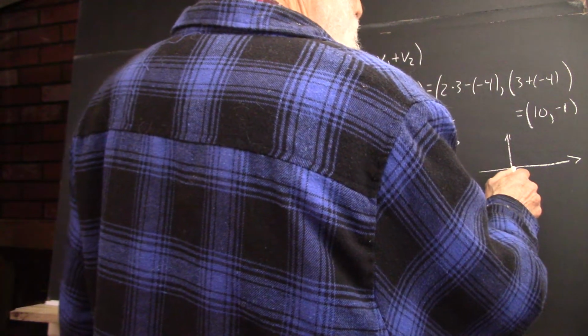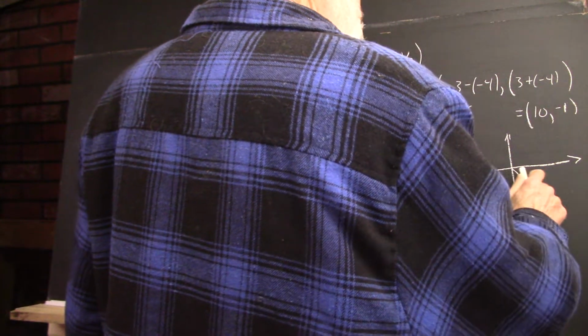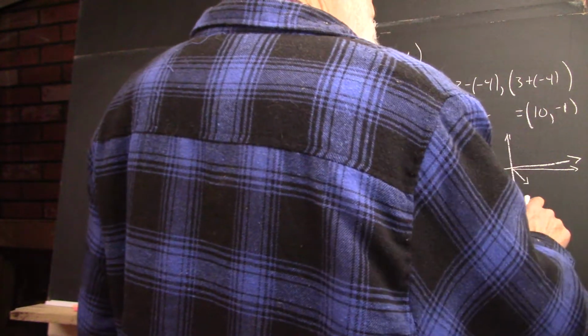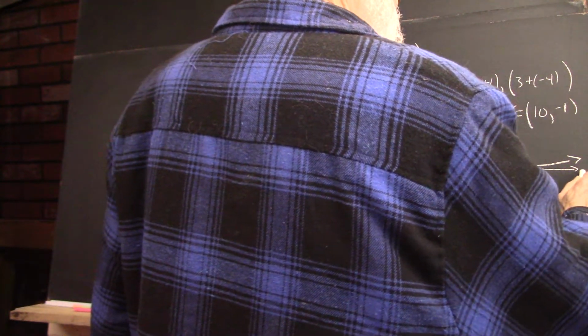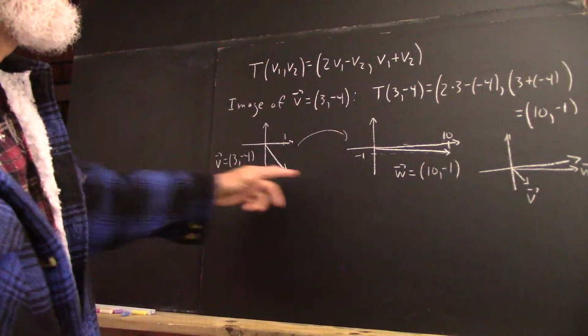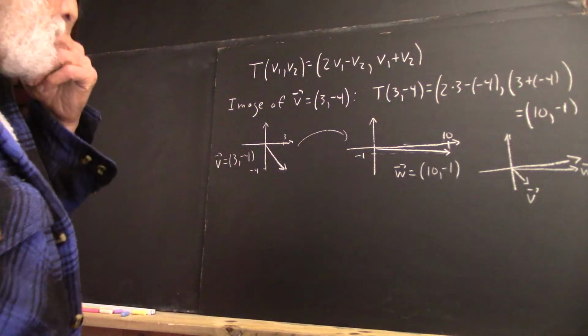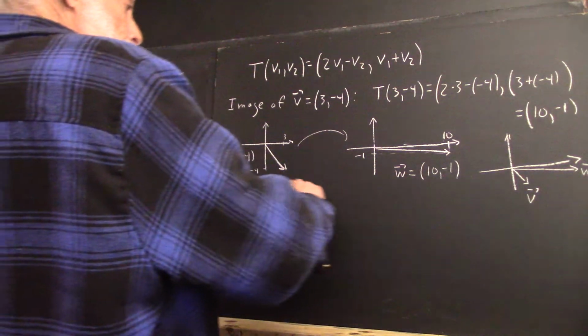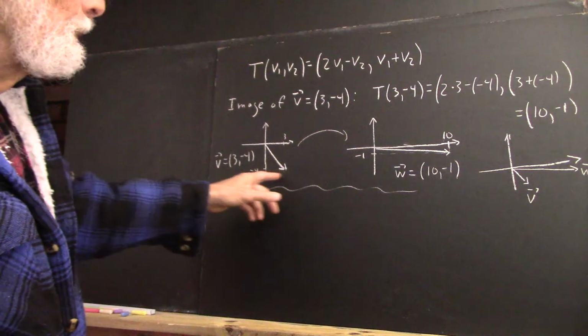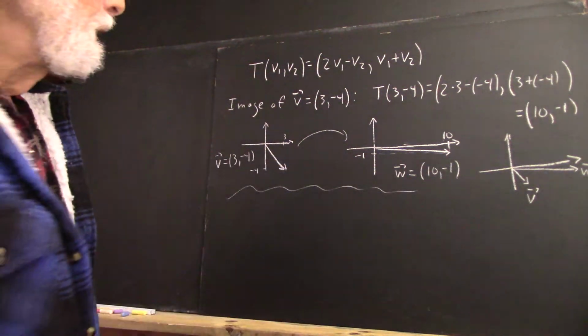I'm going to use a slightly different scale. So here would be our vector v, here would be our vector w, and you see what happens to v. I think you can see it just as well here. But no problem either way. It's pretty easy to see what's going on.